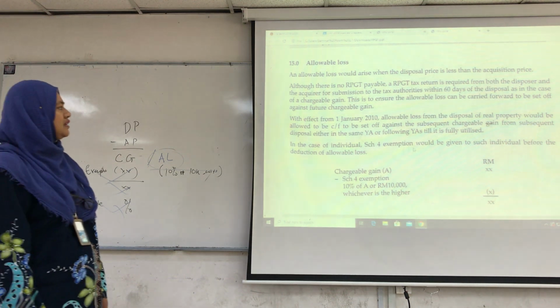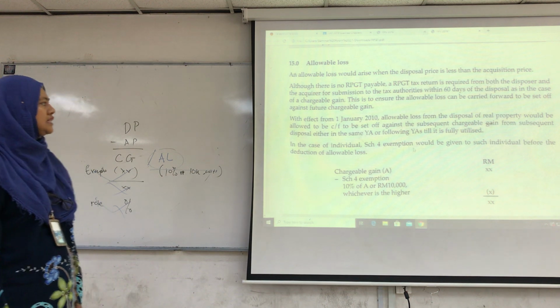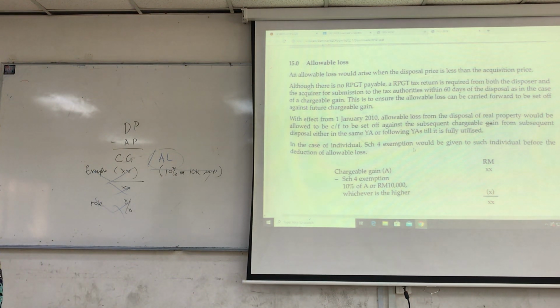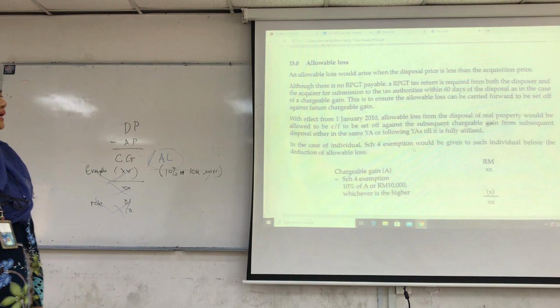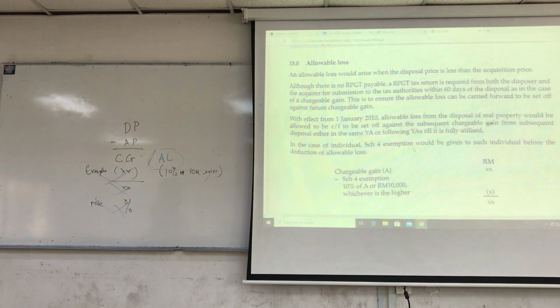Effective from January 2010, allowable loss from the disposal of real property is allowed to be carried forward to be set off against subsequent chargeable gain, from a subsequent disposal either in the same YA or following YA until it is fully utilized.